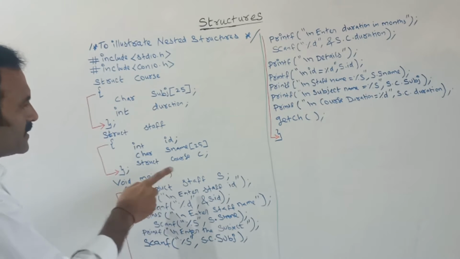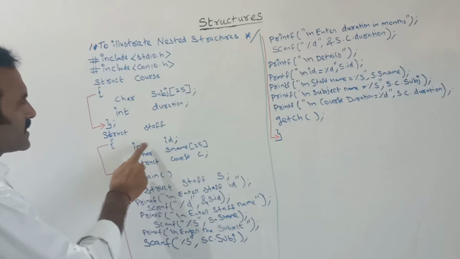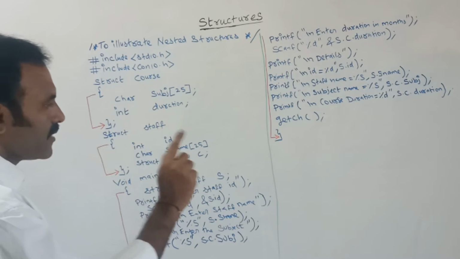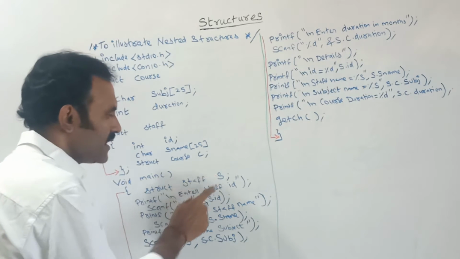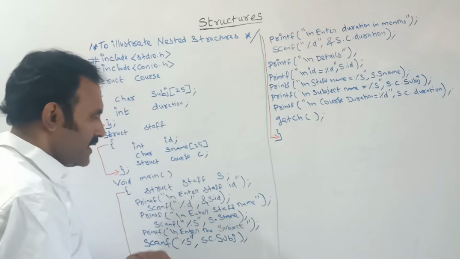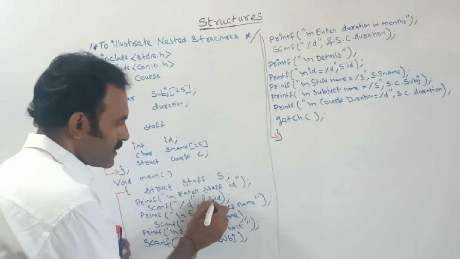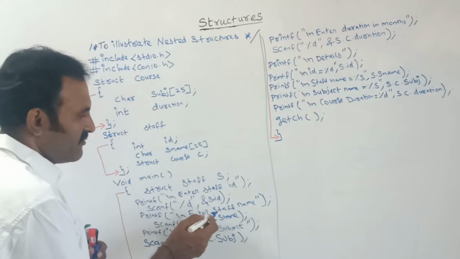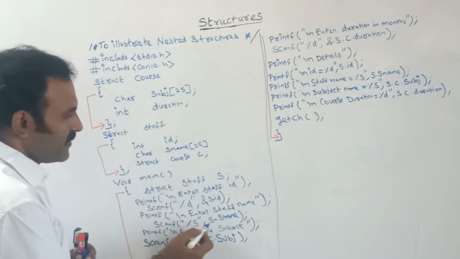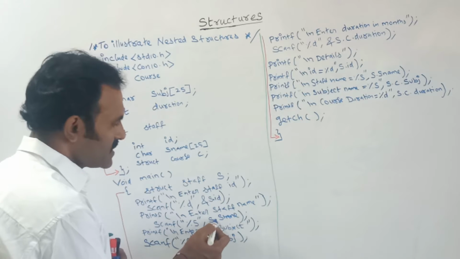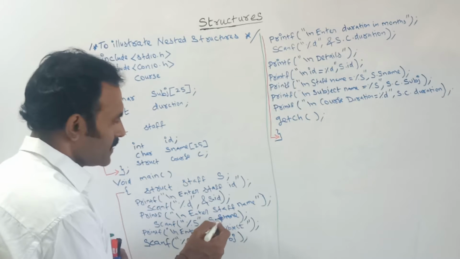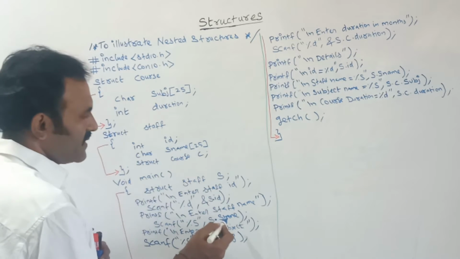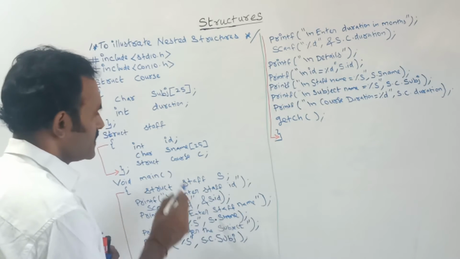Note here, this ID is within this staff, so I am using only a single dot operator. By using this S, I am using the dot operator. Next, structure member S dot ID. In the same way, I am getting the input for staff name. Here also the single dot operator only, S dot, because within this S there is S name. So here S dot S name.